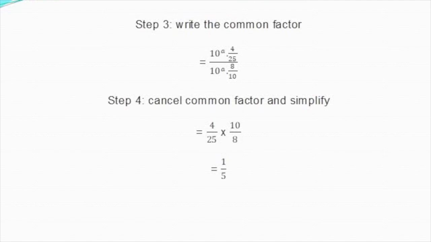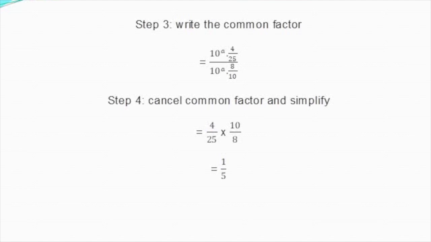So now we are going to have 10 to the power 8 times 4 divided by 25, all divided by 10 to the power 8 times 8 divided by 10. So now we need to cancel the common factor, then after we simplify.